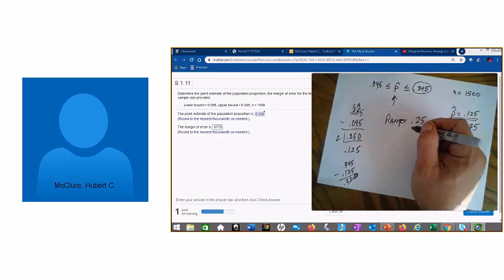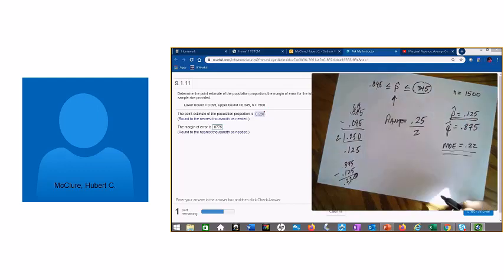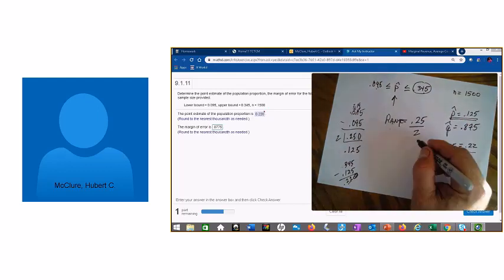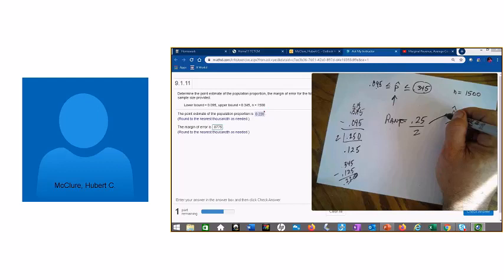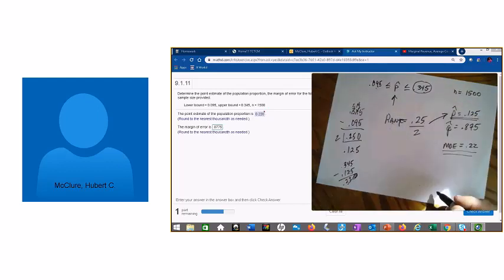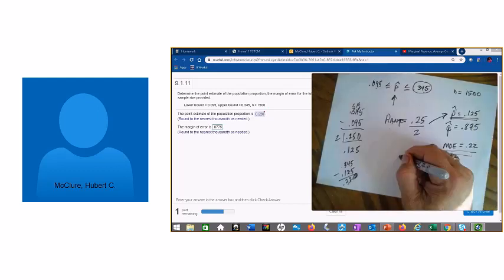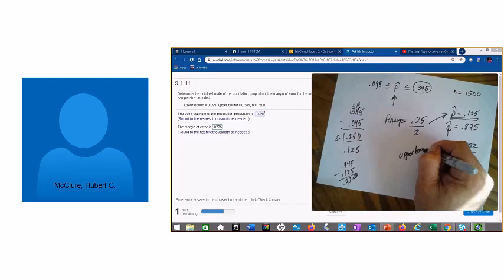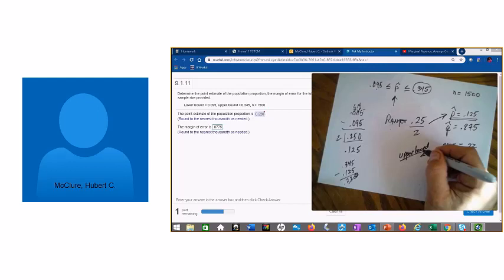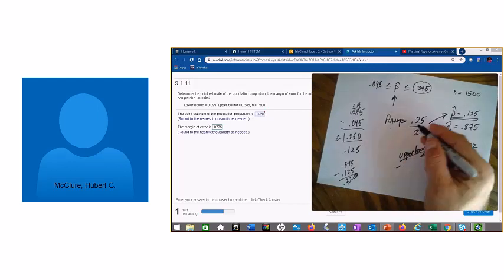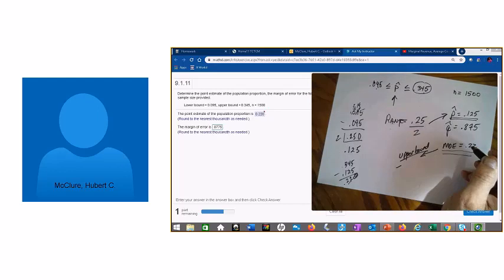Take your range divided by 2. Range divided by 2 is equal to p hat. And then your margin of error is going to be equal to your upper bound subtracted by the point estimate, your p hat.